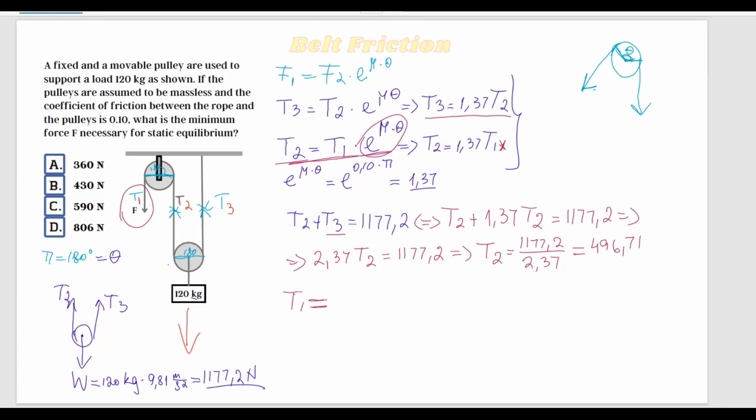So T1 equals T2, which is 496.71, divided by 1.37. And T1 is going to be equal to 362.56 newtons. And this is our F.